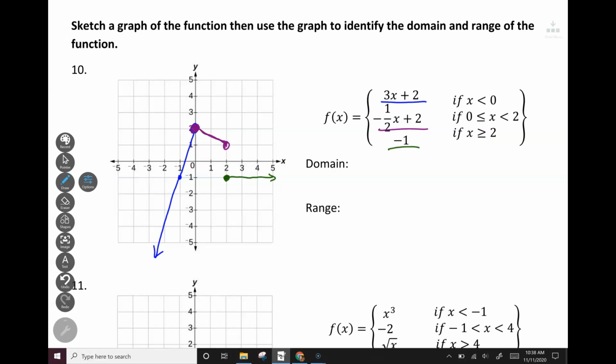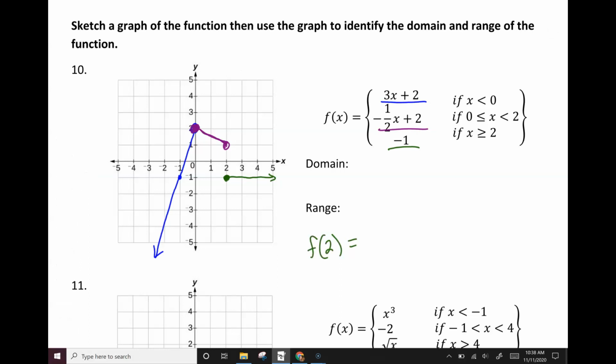So think about this. What is the y value for this function when x equals 2? So I'm saying, what is f of 2? Well, if I look at my graph, I have 2 different points at 2, right? But this one on the top, that's an open circle. So it's not actually a point. It goes all the way up to 2, but it doesn't include 2.